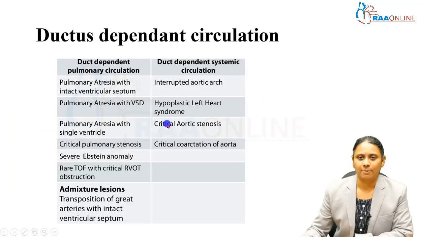The other complex congenital heart diseases with the PDA are sometimes categorized as ductus dependent circulation, either duct dependent pulmonary circulation or systemic circulation or admixture lesion.